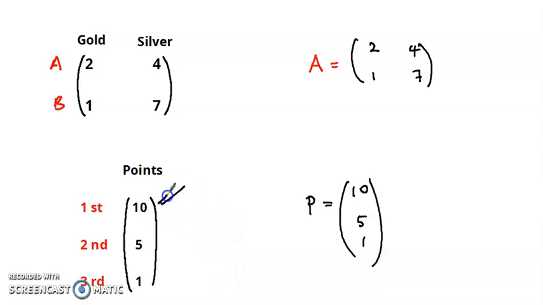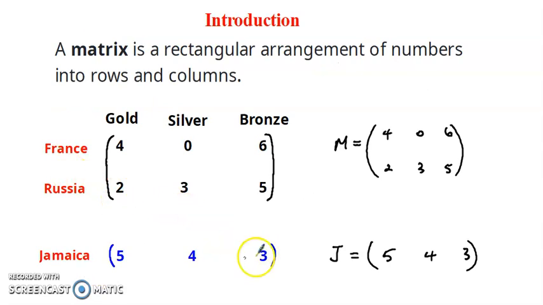And this can be called a column matrix, because it has only one column. We're going to go into rows and columns. And this can be called a row matrix because it has one row. So, row matrix.